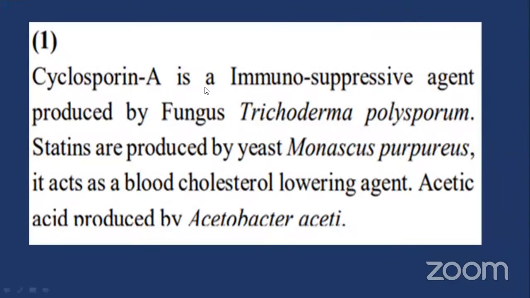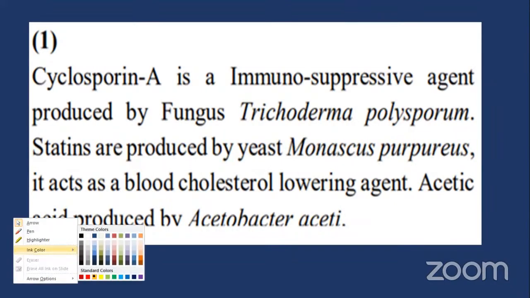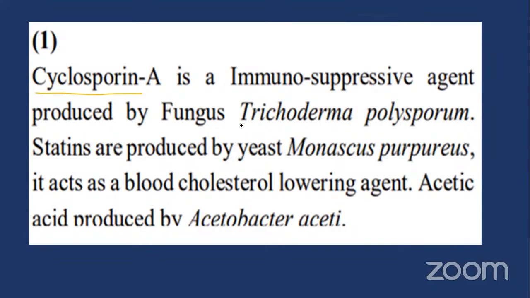See that cyclosporin A is an immunosuppressive agent produced by the fungus Trichoderma polysporum. This is a NEET question, my dear. Many times they ask these questions. Cyclosporin, Trichoderma polysporum. Statin is also produced by the yeast Monascus purpureus. It acts as a blood cholesterol lowering agent.